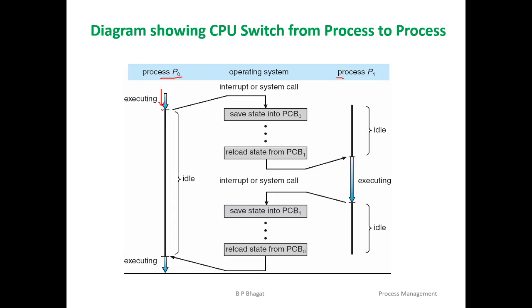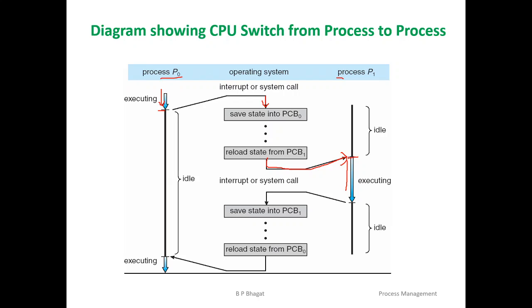Once the execution of process P0 stops, the contents or the state of process P0 must be saved into PCB0. Later on, whenever we want to execute process P1, at that time the state from PCB1 is loaded and the execution of process P1 starts.